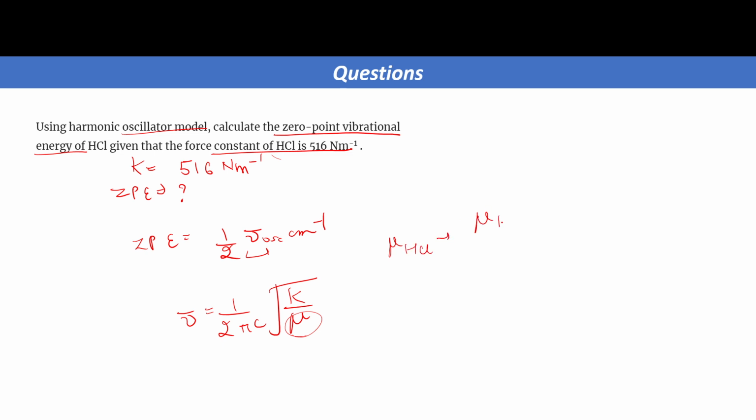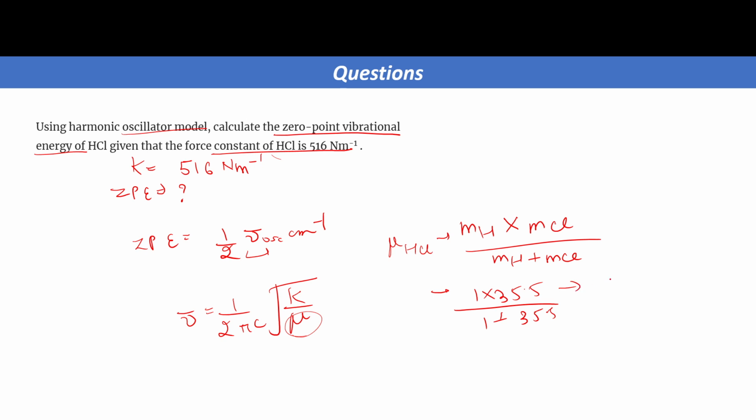So it will be mass of hydrogen multiplied by mass of chlorine divided by mass of hydrogen plus mass of chlorine. So it will be 1 into 35.5 divided by 1 plus 35.5. After solving it, it will be 1.614 into 10 to the minus 27 kg.